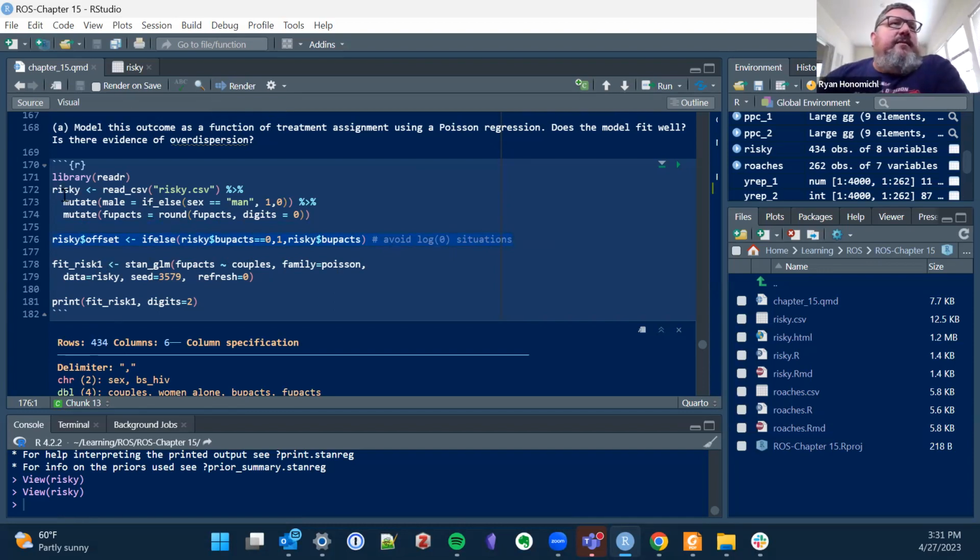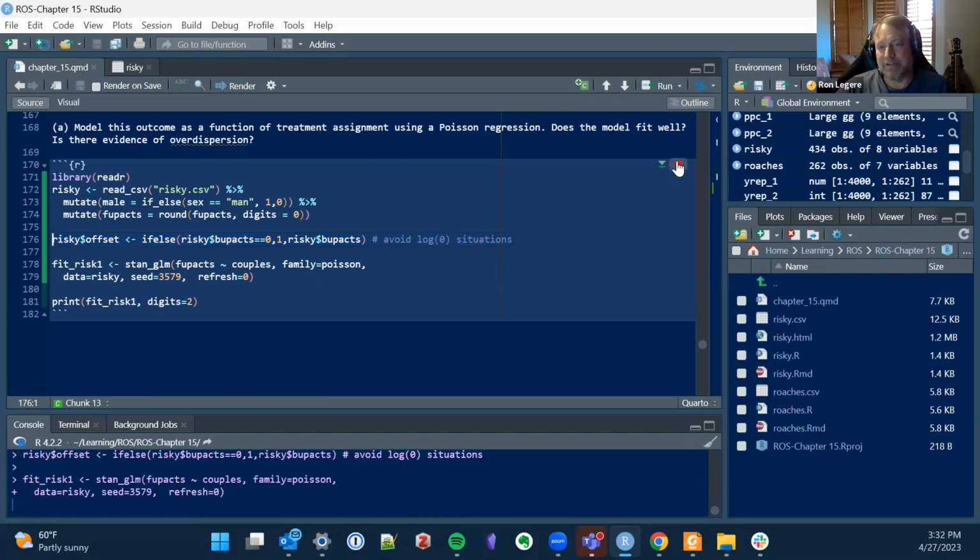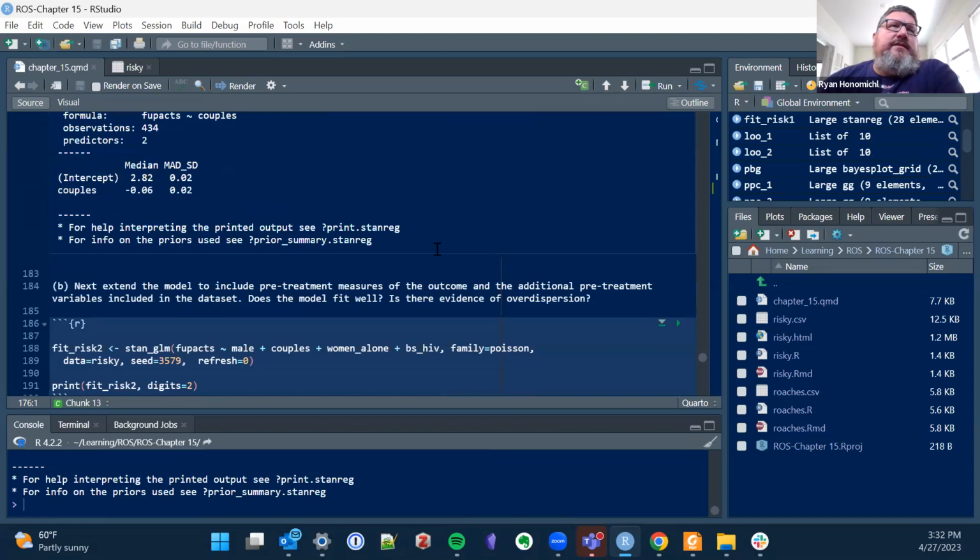That's one of those things you find yourself feeling a little queasy about. They do talk about that in the book. But it's just a different transformation, that's all, right? Just log y plus 1. Okay, that's fine. That's your transformation. I'm okay with that. It's just a way of avoiding zero problems.